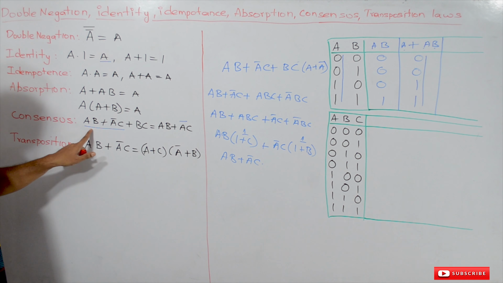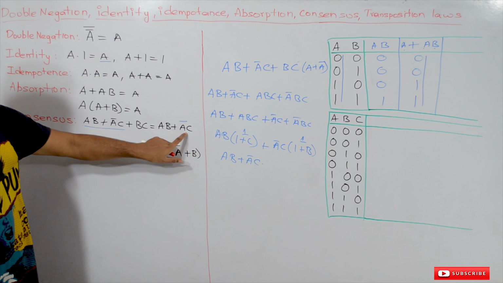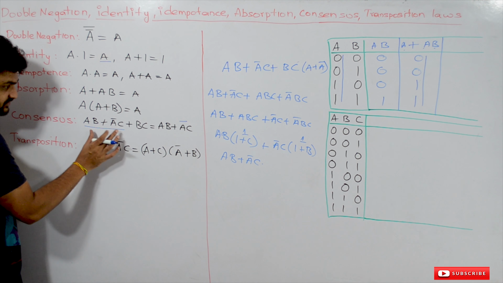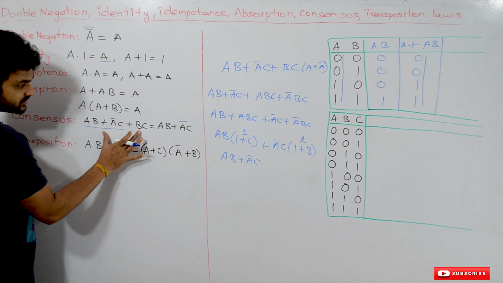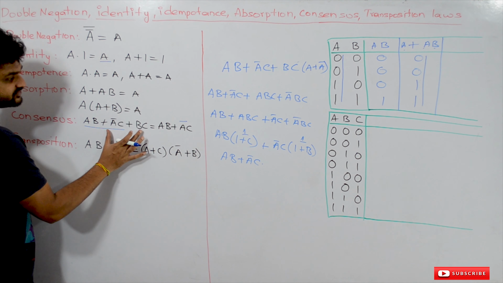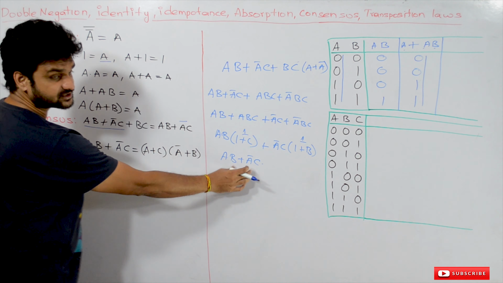AB plus A bar C plus BC is equal to AB plus A bar C. So if the function is of this form, we can use this directly, no need to break it down.